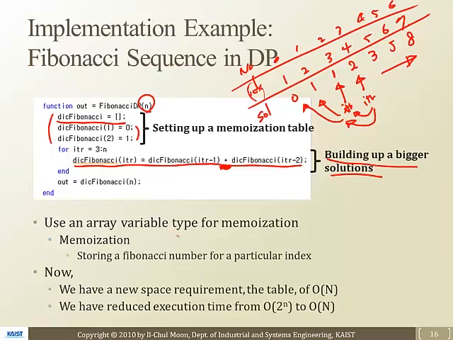So we use an array variable type for the memoization, and the memoization is storing a Fibonacci number for a particular index, right? So this is a perfectly okay memoization table. And now we have a new space requirement, a table of order n.